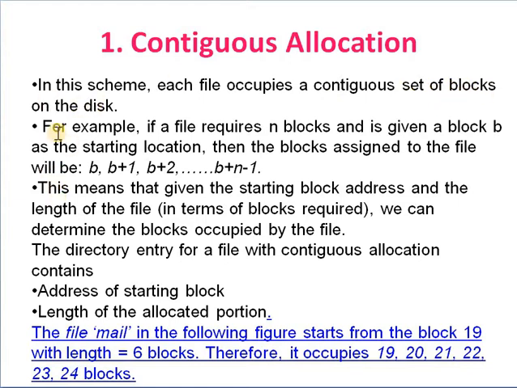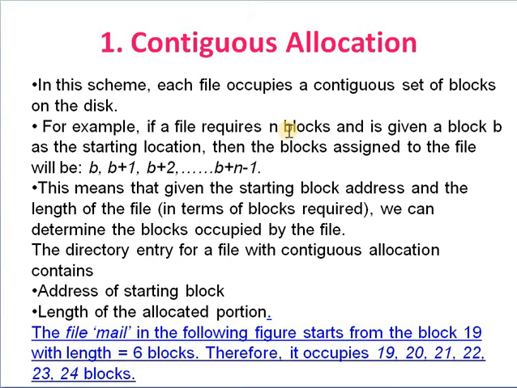For example, if a file requires n blocks and is given a block B as a starting location, then the blocks assigned to the file will be B, then B plus 1, then B plus 2, up to B plus n minus 1. Suppose there is one file. For storing that particular file, we require n blocks.